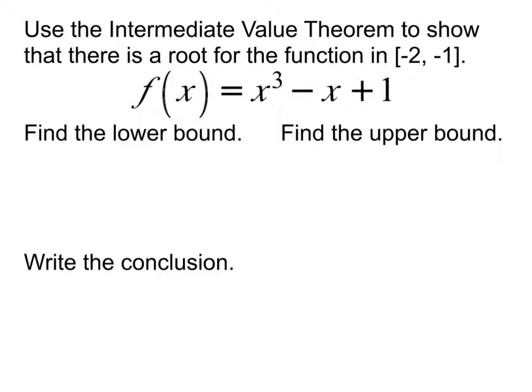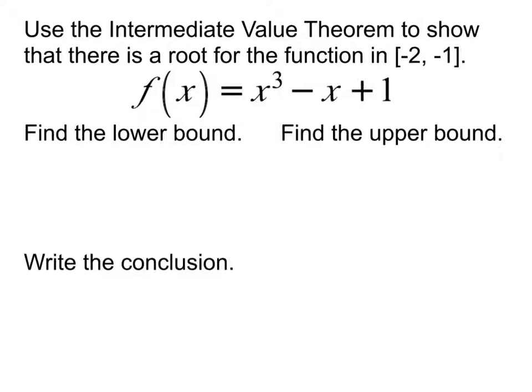So here I'm going to go ahead and give you an interval. Like if I sketched out what this graph looked like, I might be able to say, I know it's going to happen somewhere between -2 and -1. And so what we're going to do is use the intermediate value theorem to actually prove whether there must be a root for this function on that interval. And by the way, when I say root, what's that mean?